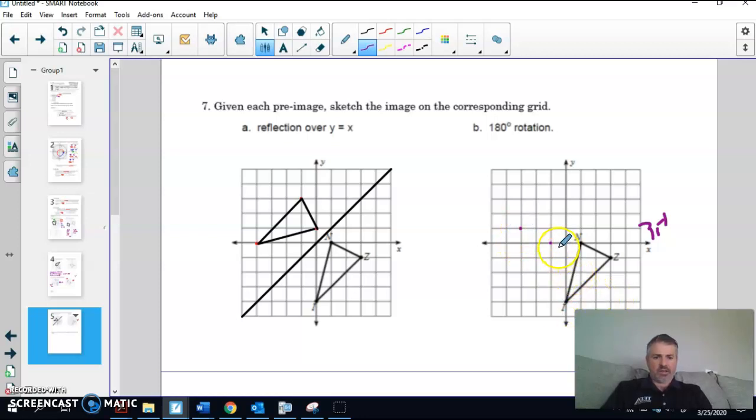And then this point down here, the pre-image point's at 0, negative 4. So 180 degrees means I'm going to change the sign, so that would be 0, positive 4. So 0, positive 4 is 1, 2, 3, 4. So I end up with this.